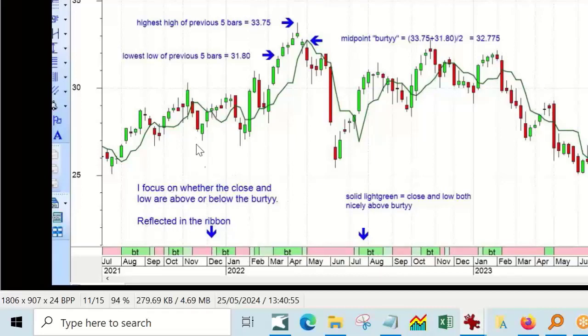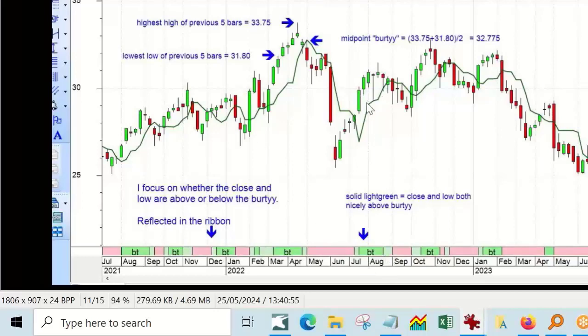That gets light green. If both the close and the low are above, it gets the full green. If the close falls below, it turns to pink, and then it came in again there with the low below and the close above.